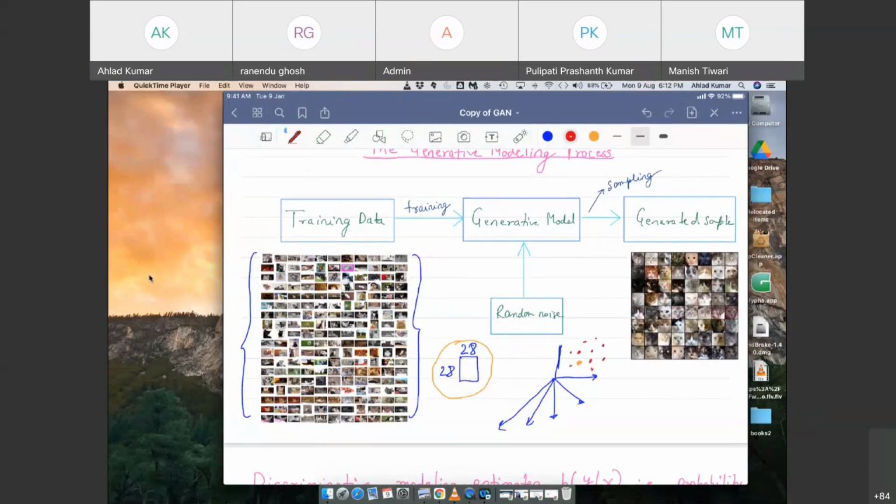So all of these cat images will be somewhere nearby each other, because their characteristics are somewhat similar in terms of the visual perception. So they will form a small cluster, something like this. So now what generative modeling is trying to do is form a probabilistic distribution of it.